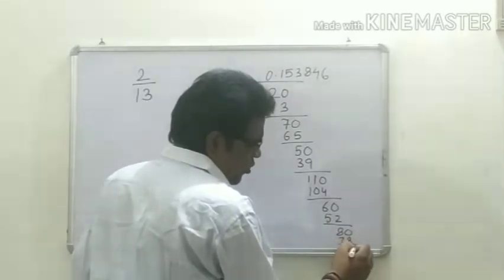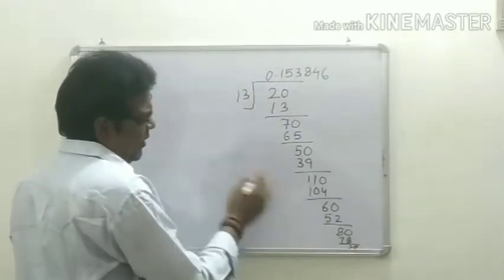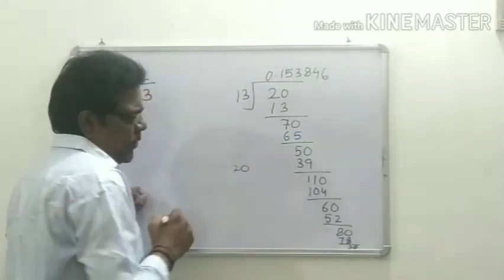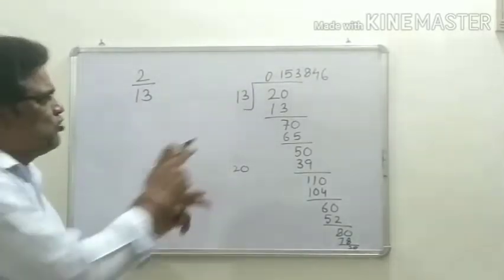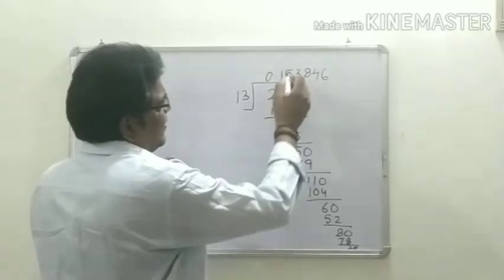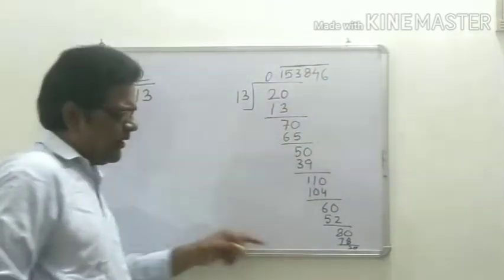You will get 2, you add 0. So here this was 20. Again this 20 came. Again the whole procedure will be repeated, meaning this whole set of numbers will again repeat itself.